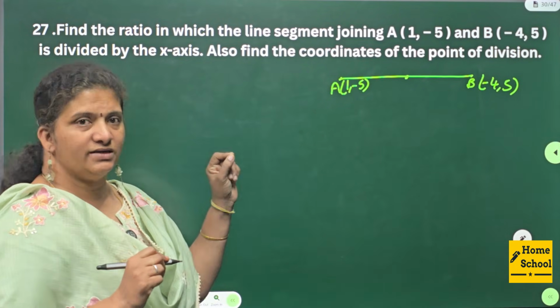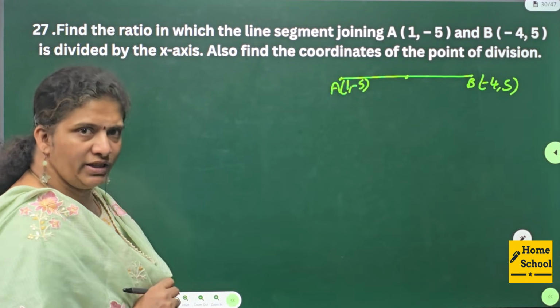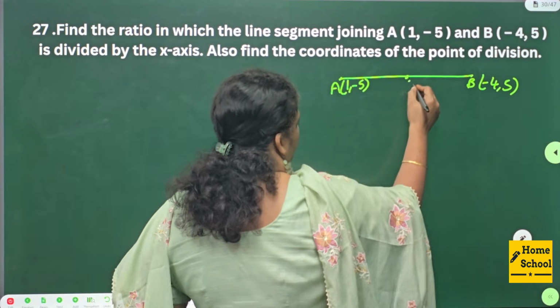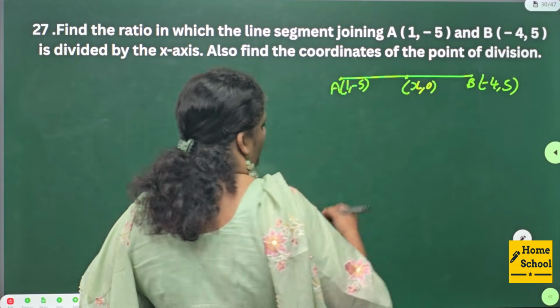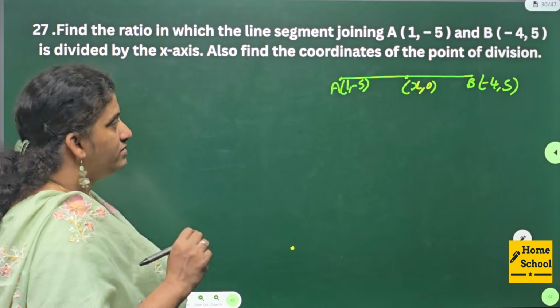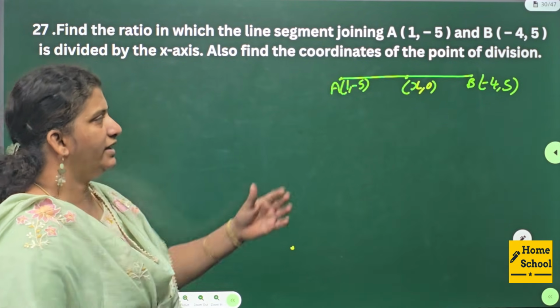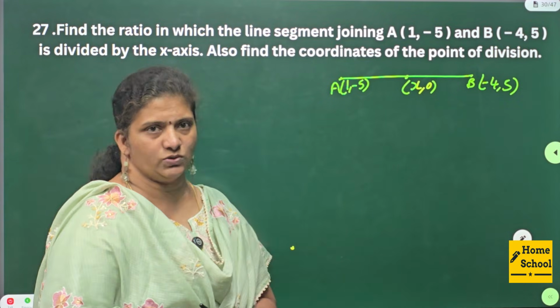This point is divided on the x-axis. On the x-axis, what will be the coordinate? X, 0. Also find the coordinates of the point of division. We need to find this also.